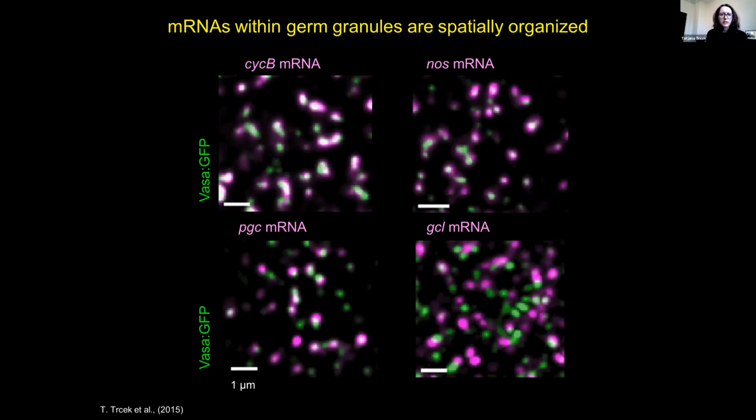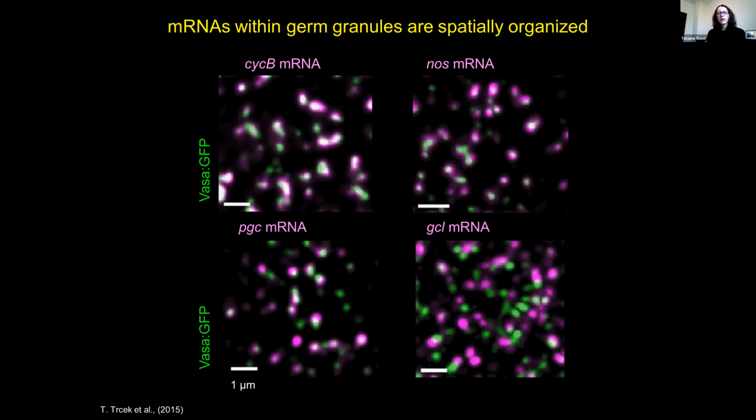And what we found was that they were not all homogeneously distributed. Instead, some mRNA clusters, such as those belonging to cyclin B, were located in the center of the granule. Those belonging to GCL were located more at the periphery, and nanos and PGC mRNA clusters seem to be localizing somewhere in between.